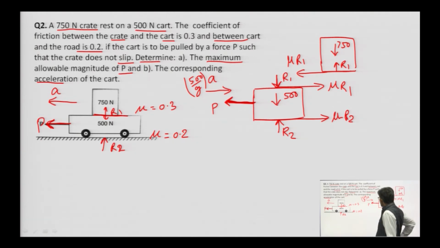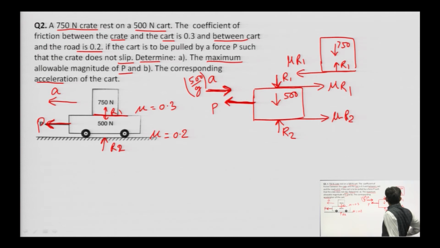This is the inertia force that we need to apply. So we will use these free body diagrams to find the value of P and A.